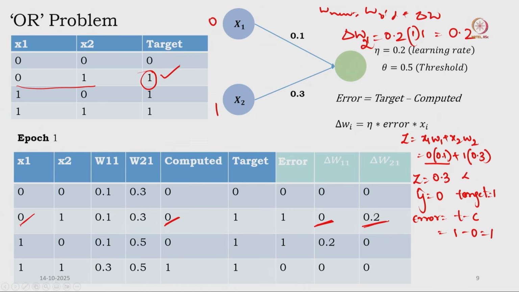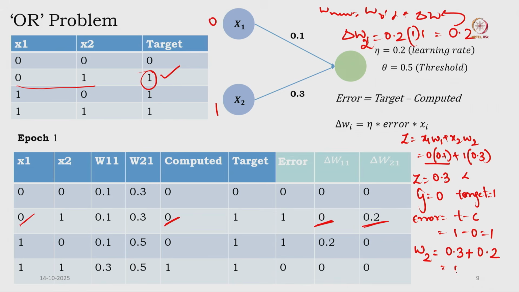Now, if there is a change, you have to update it back into the W new value. There was no change with respect to delta W1, so let us look into how we update W2. What is the old weight of W2? The old weight was 0.3. For this, the change in delta W is 0.2.